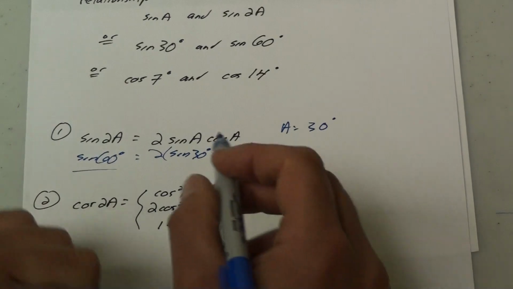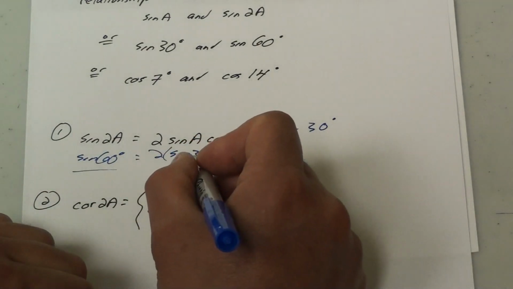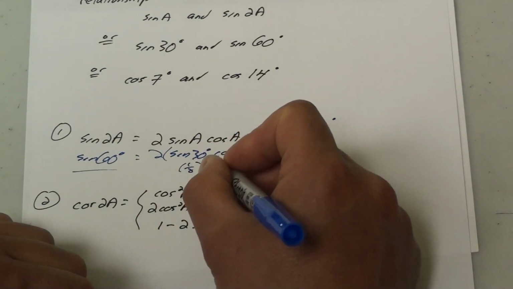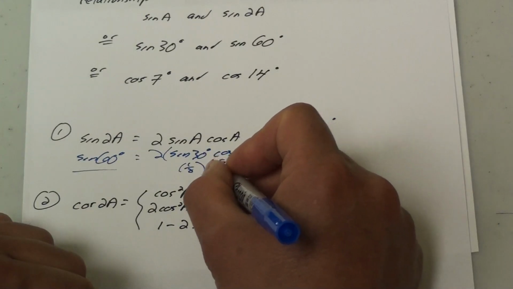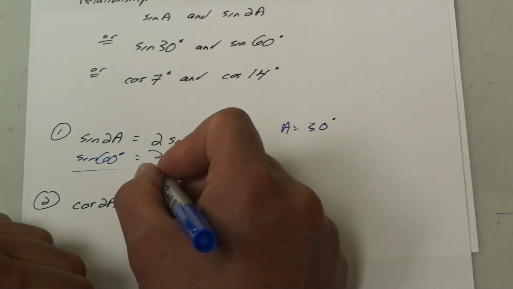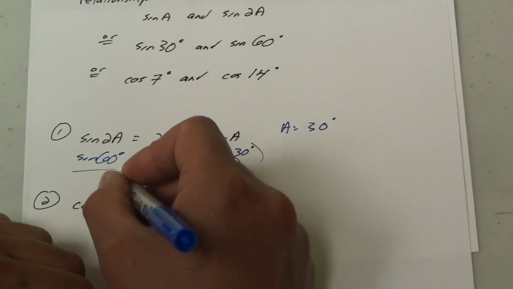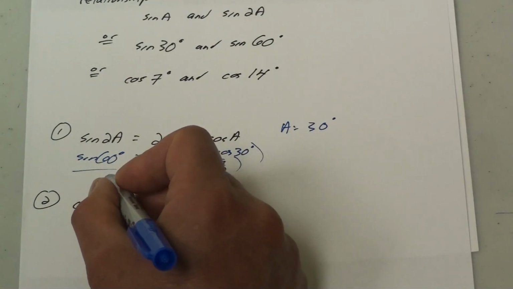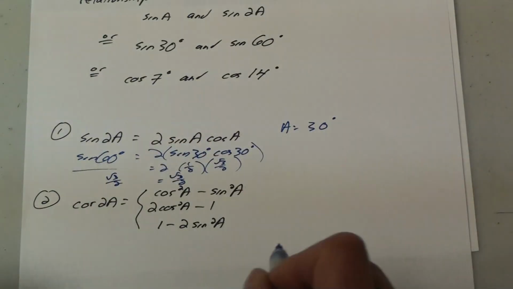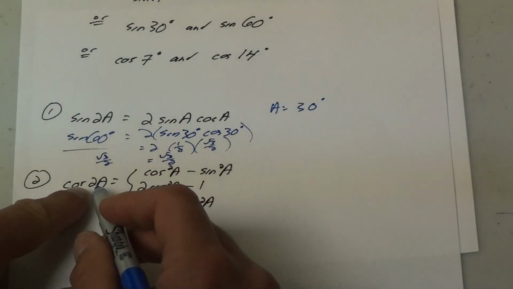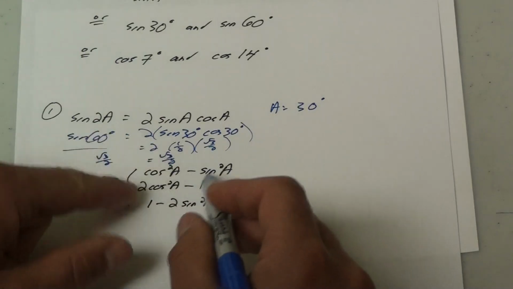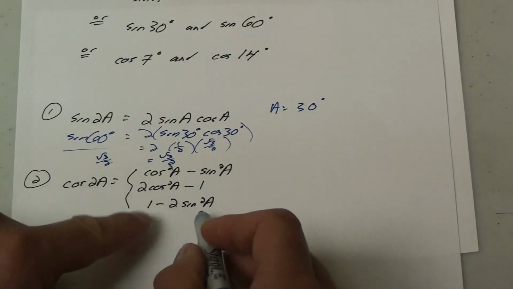All right, and that has been proven. I can demonstrate that sine 30 degrees is 1/2. Cos 30 degrees is root 3 over 2, and you multiply that by 2, you're going to simply get root 3 over 2, and that is also what sine 60 degrees is. So again, it holds true. For cos double angle, you have your double angle and your original angles, and there's actually 3 different relationships that will hold true for doing that.